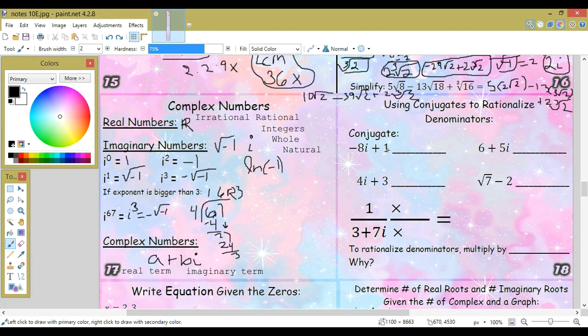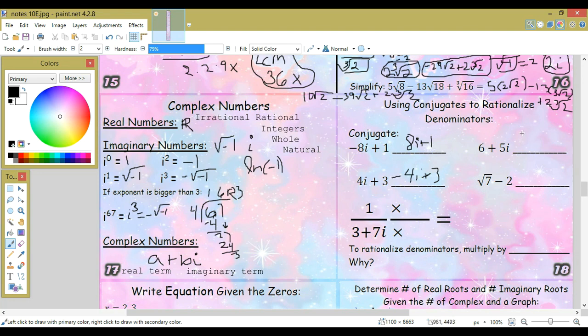The conjugate of -8i plus 1 is just 8i plus 1. Basically, we change the sign of whatever number is in front of the I or square root. 4i plus 3, we change that sign to a minus, so we have -4i plus 3. Notice we don't change the real part, we only change the imaginary part.